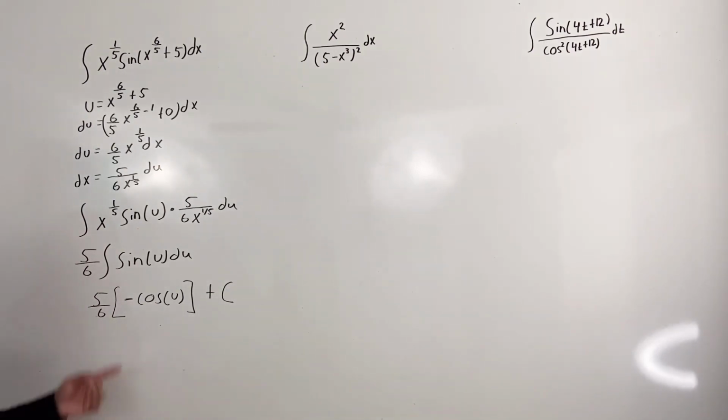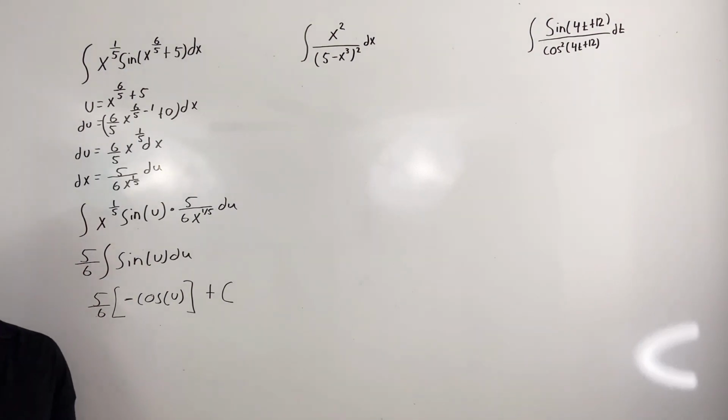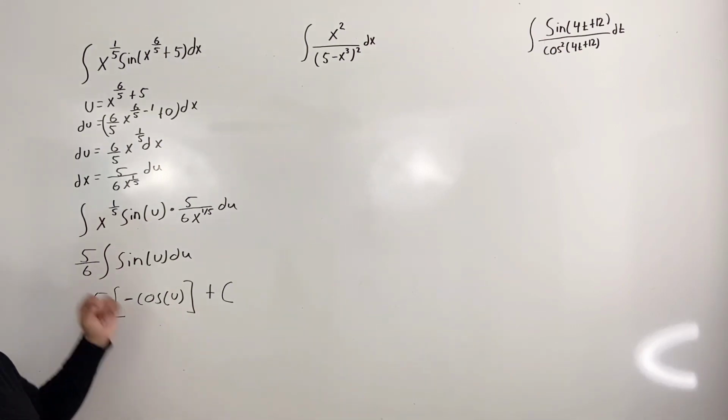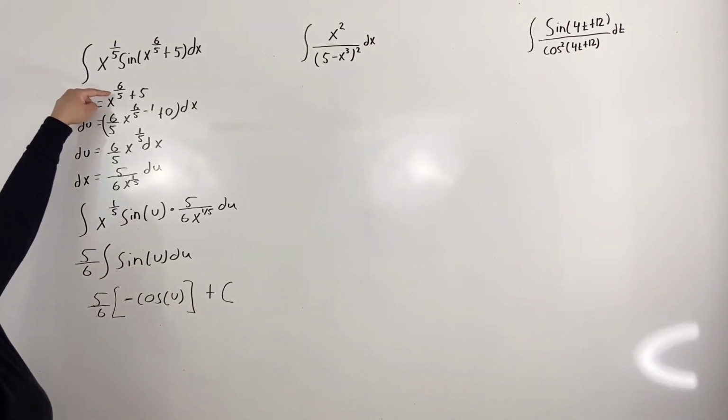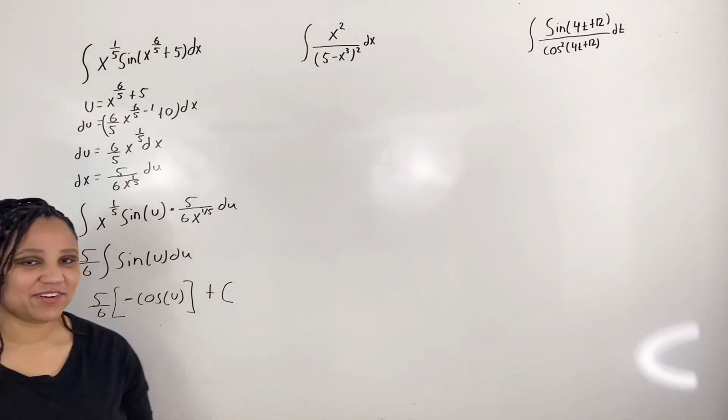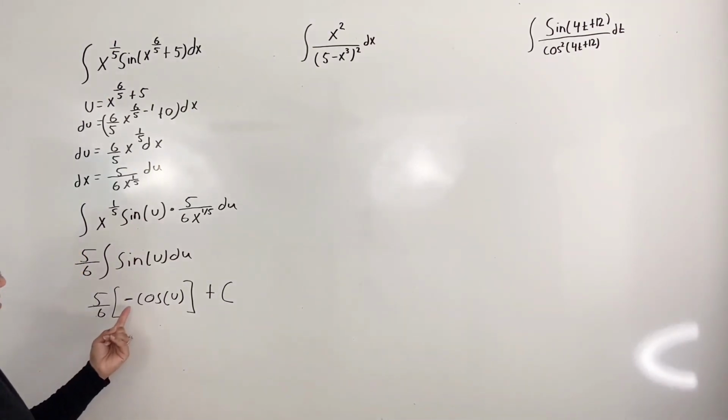So the antiderivative of sine of u is negative cosine of u. Now we're going to replace what we have for the value of u and put it inside of the cosine function. And I will also bring out this negative sign.